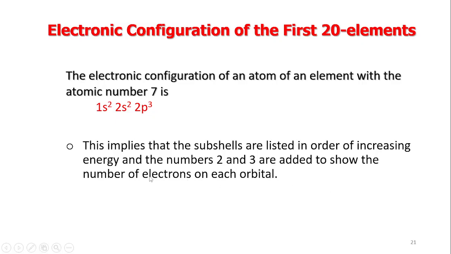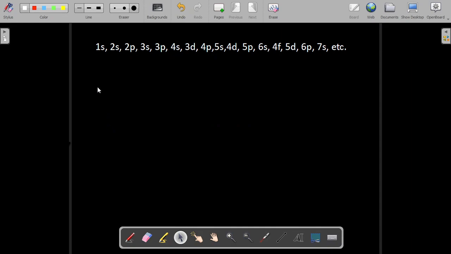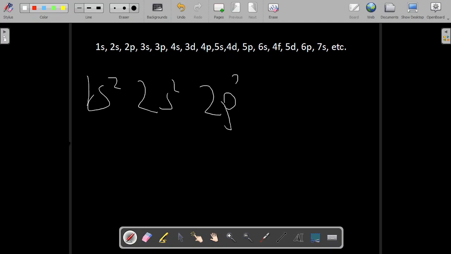So now, the electronic configuration of an atom of an element with atomic number 7 is this. Let's write this out: we have 1s2, 2s2, and 2p3.